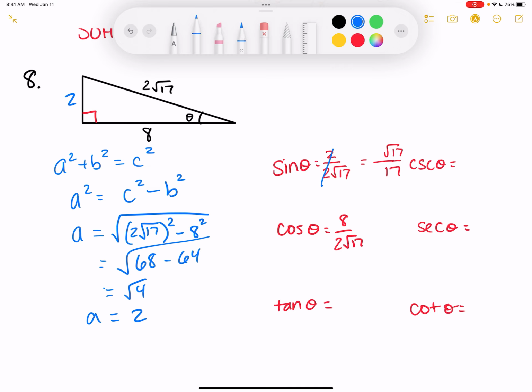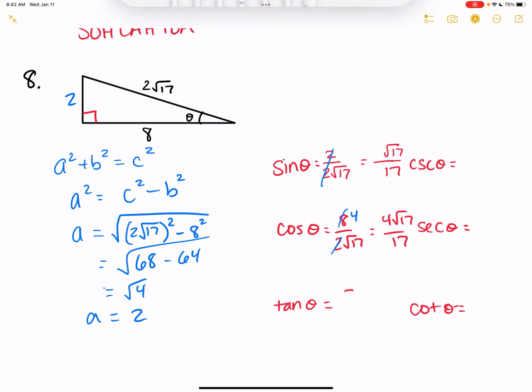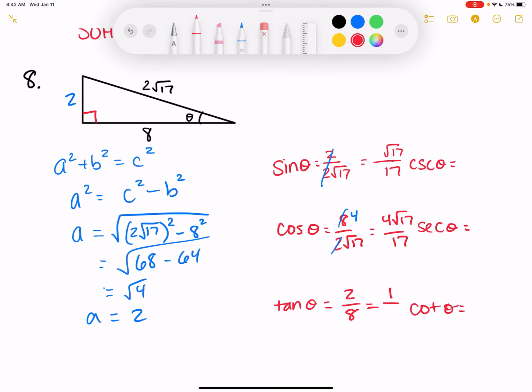So I would reduce that first. And then 4 square root of 17 over 17. Yep. And then tangent, it's 2 over 8, which is 1 over 4. Yep.